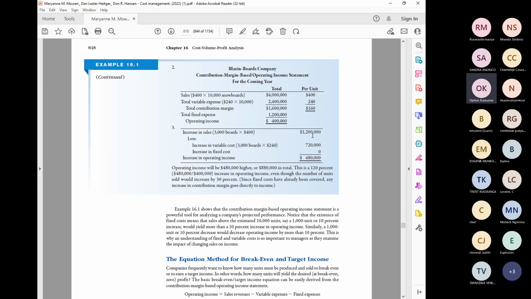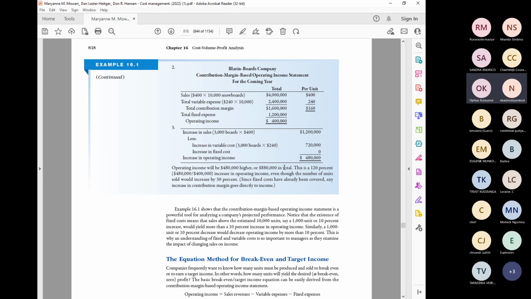The income was 400,000, but now it's 480 on top of this. So 480 plus 400 is 880,000. The operating income is now 480,000 higher.